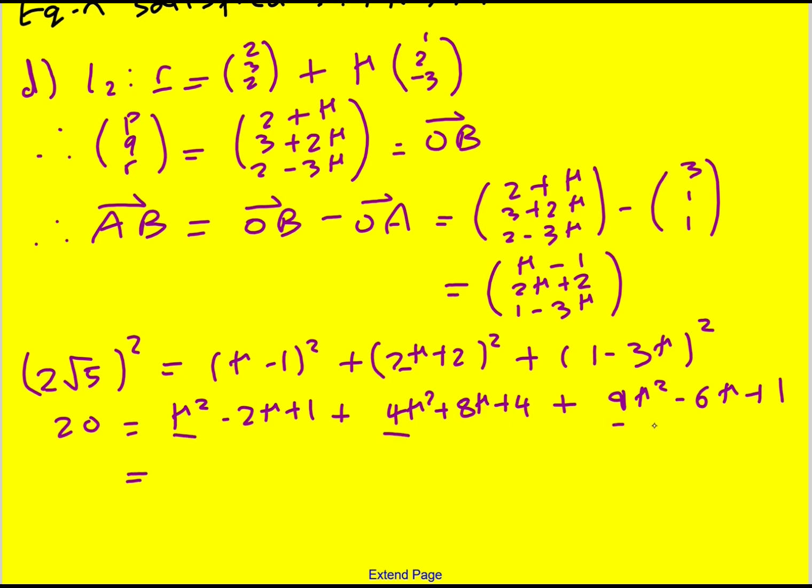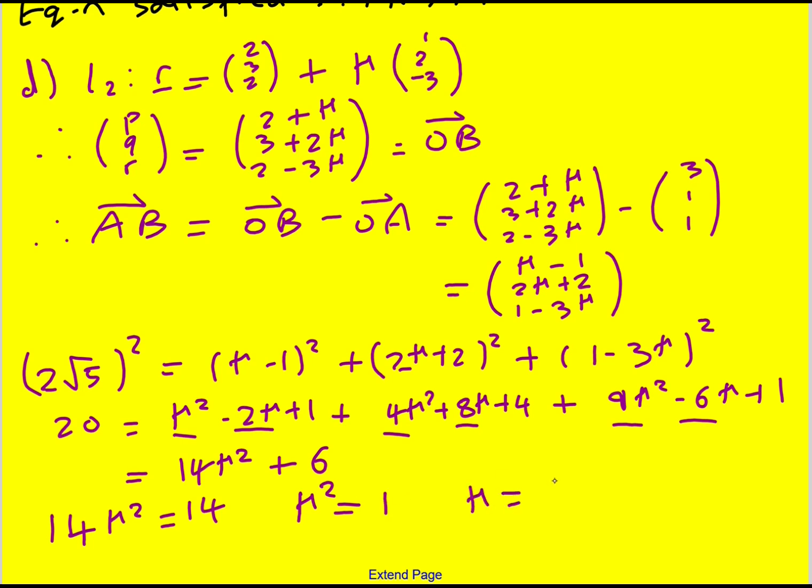Okay, this gives me 14 mu squared. Actually, these cancel out, don't they? So there's no mu term, but I'm going to get 6 here, so plus 6. Therefore, 14 mu squared is going to be 14, and mu squared is going to be 1, so mu is equal to plus or minus 1.